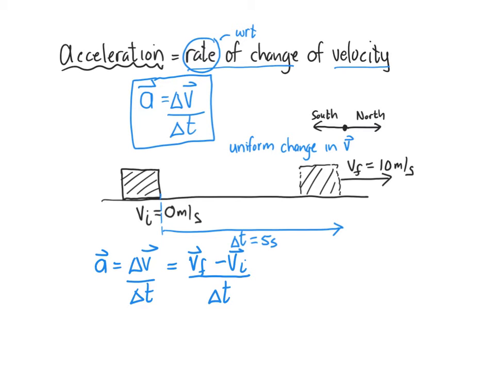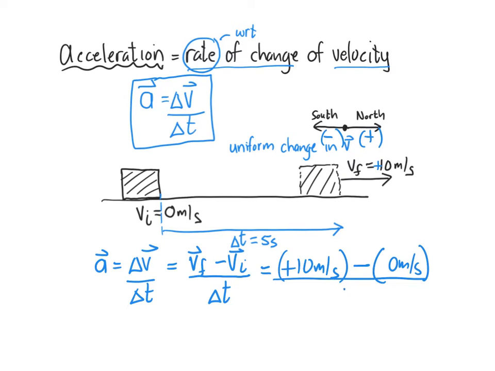So now, working this out, if we define north as positive and south as negative, then we have a final velocity of plus 10 meters per second minus the initial velocity, which is 0 meters per second, over a time interval of 5 seconds.